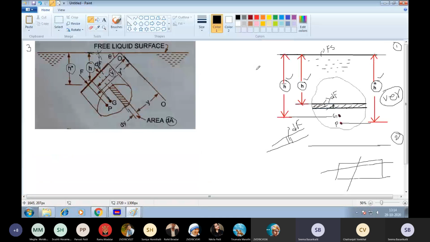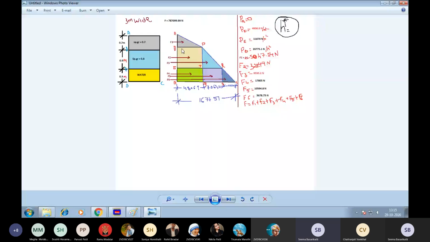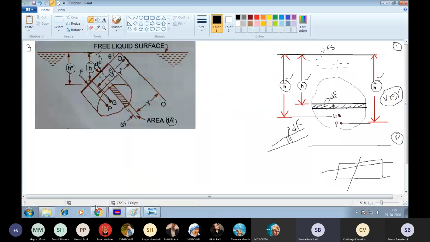So these are the different strips, and you are going to identify the force exerted on each strip. Adding all of them, you will come to know the force acting on this entire surface. Simultaneously, in this particular problem, I don't know the total force acting on this entire surface.